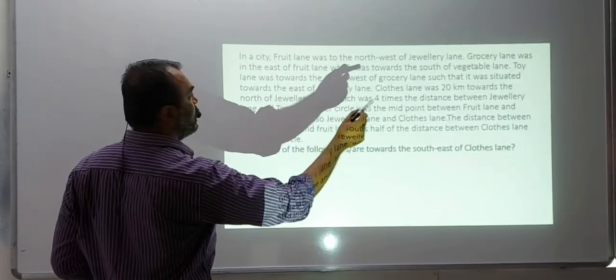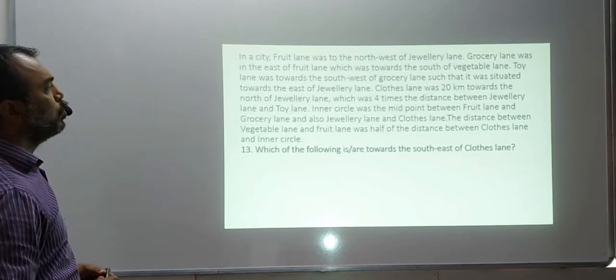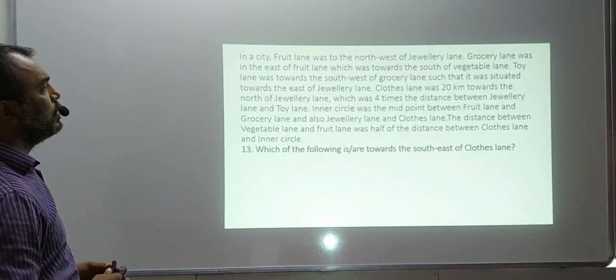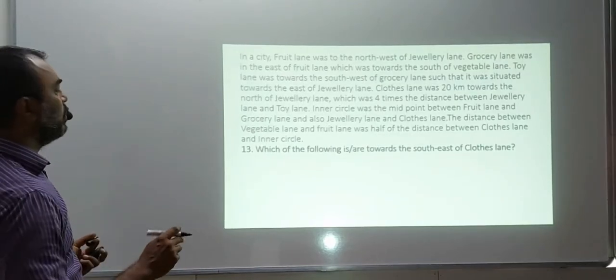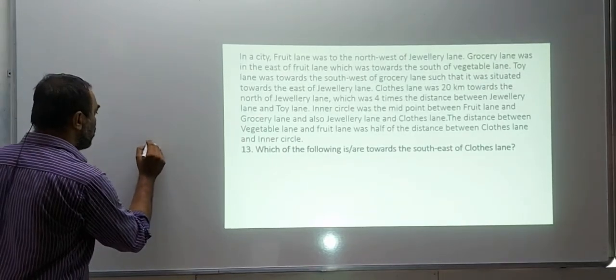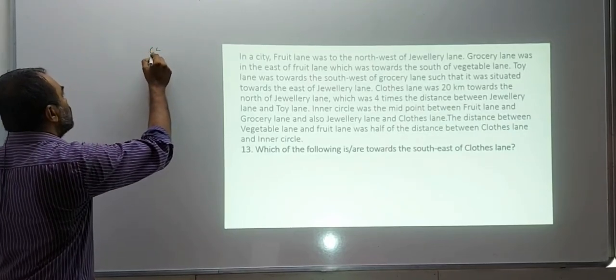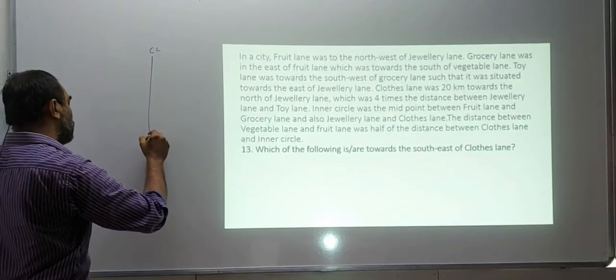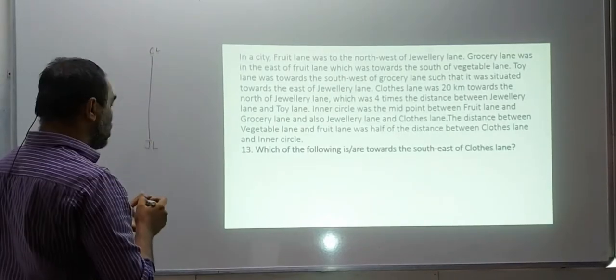Clothes Lane is 20 km towards the north of Jewelry Lane. So if I put Jewelry Lane below, then Clothes Lane is 20 km north. That is what I know. Because I think I should begin from here.